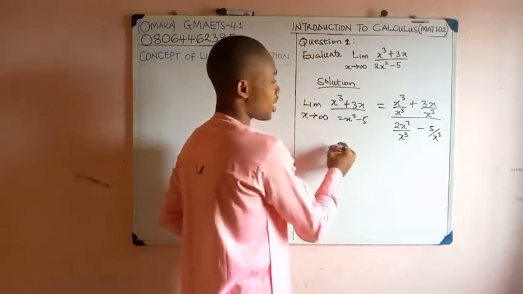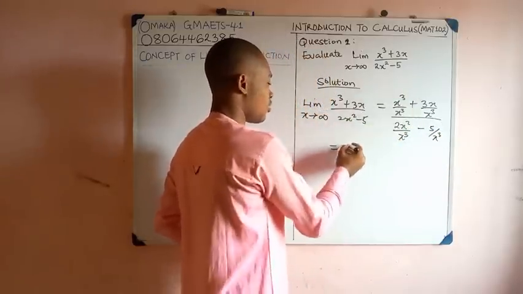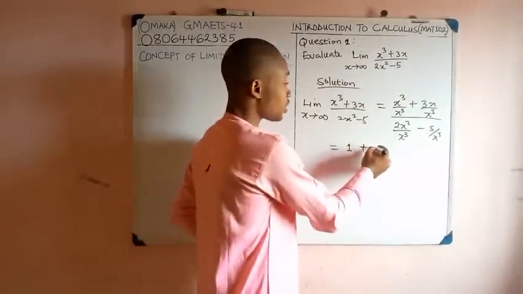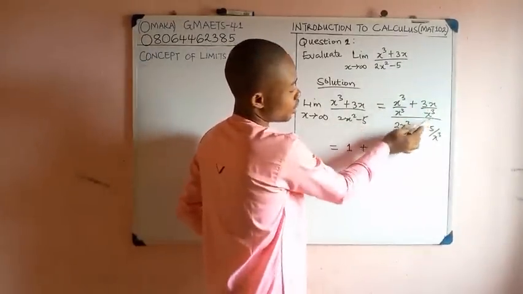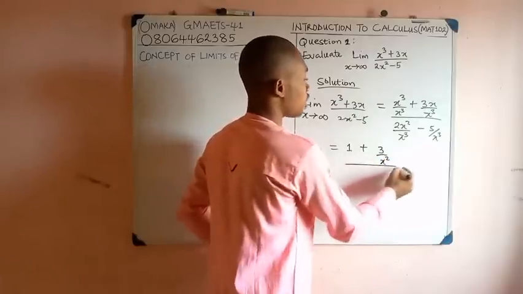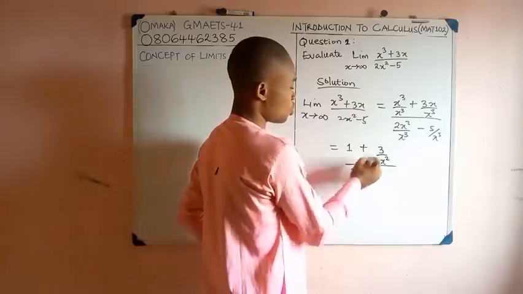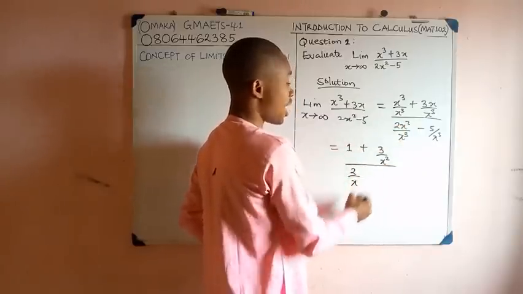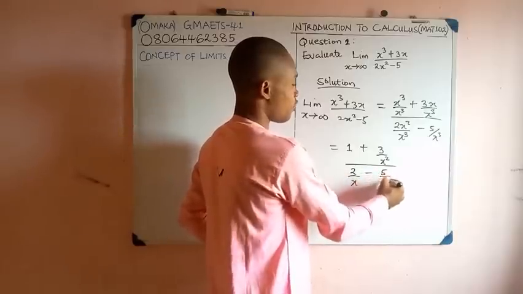And so x cubed over x cubed is 1. We know that, right? Then plus 3, this x will cancel 1x from the denominator, so you have x squared. All over, this will give us 2, this x squared will cancel x squared from the denominator, and then x will be left. Then 5 over x cubed.